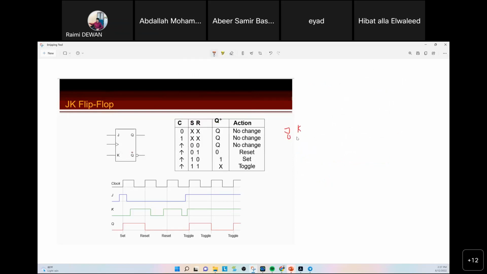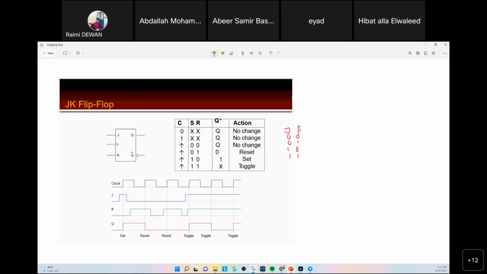So we have 0 0, 0 1, 1 0, and 1 1. This is the possible combination for our JK flip-flop. Because it's a characteristic table, you can learn the definitions of the characteristic table, characteristic equation, and excitation table from our module page. If you didn't have the module, maybe you can ask your friend to help you.